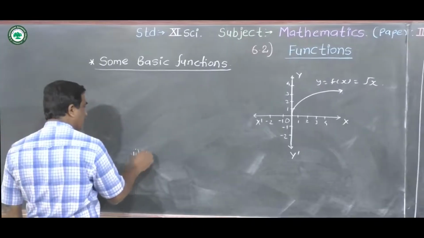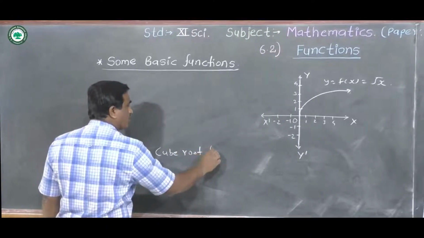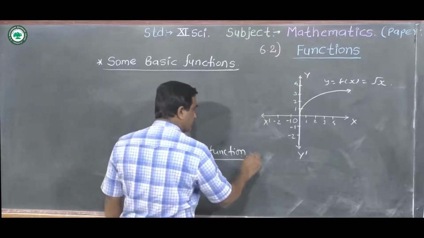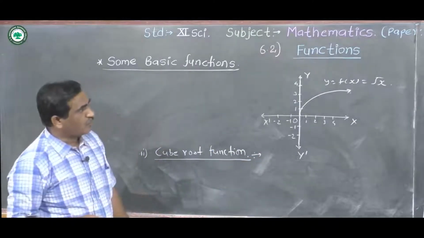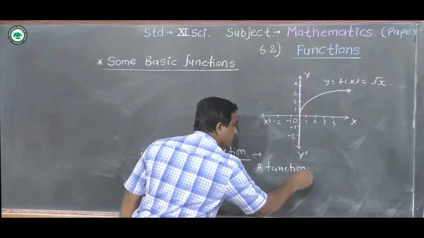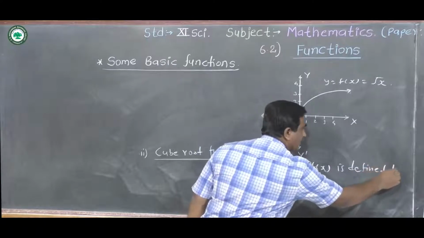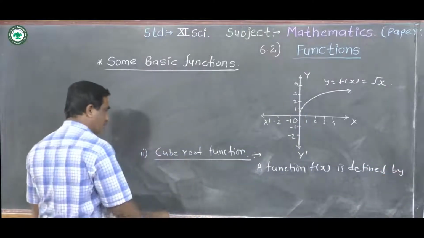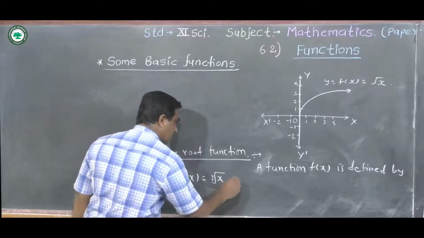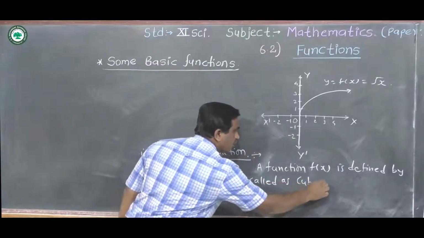Okay, now the next function, the second type in radical function, number second, cube root function. Now the definition for cube root function. A function f of x defined by f of x is equal to cube root of x is called a cube root function.